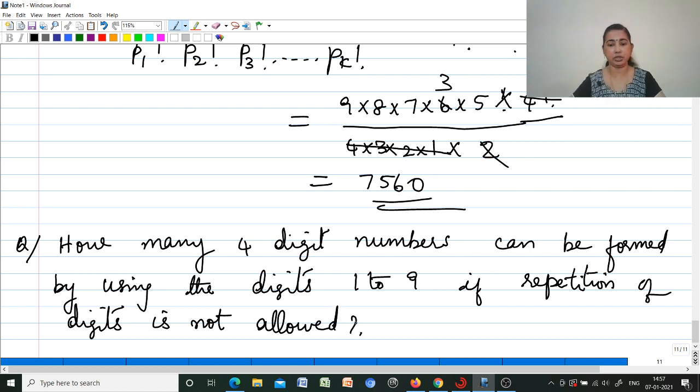So, if repetition is not allowed, how many 4-digit numbers can be formed using the digits from 1 to 9?